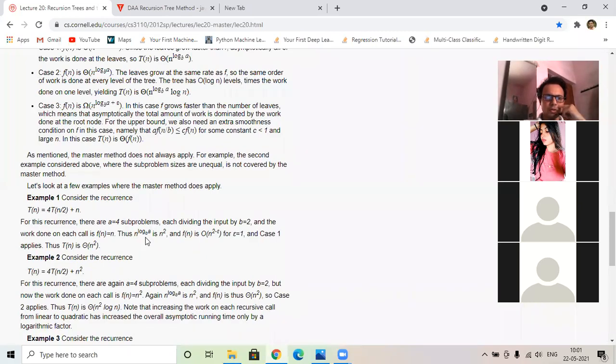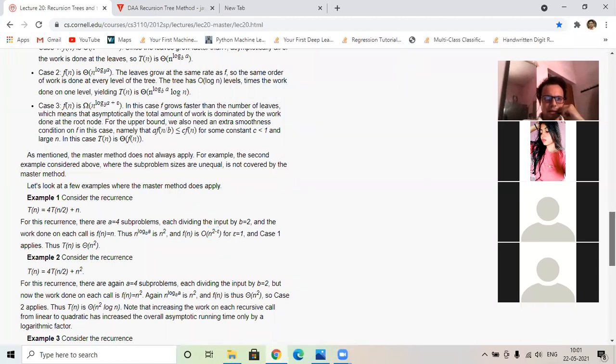Log 4 base 2 means the value will be 2, so n square. And Fn is n to the power 2 minus epsilon, for epsilon equal to 1.